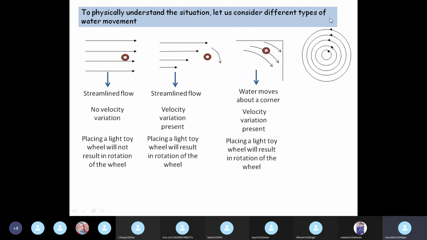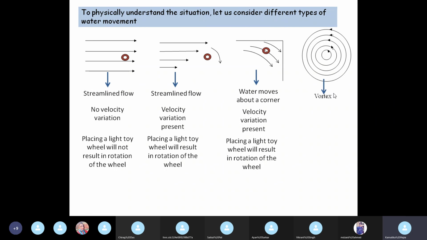Now let us consider a vortex. All of you have seen a vortex, I hope, in a pond or at least in a sink. If you remove the plug of a sink, the water goes down in spirals. I hope you have noticed. If you have not, then just do it and try to notice. Water goes down in a spiral.